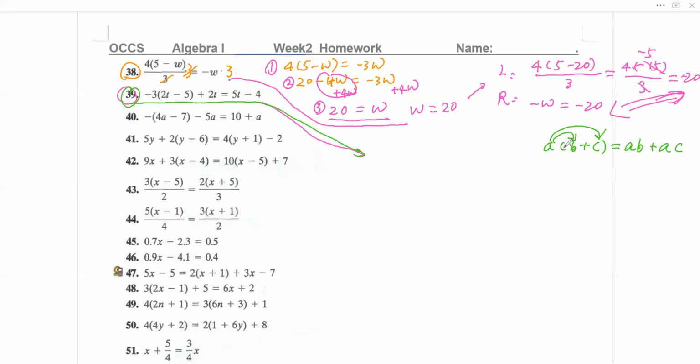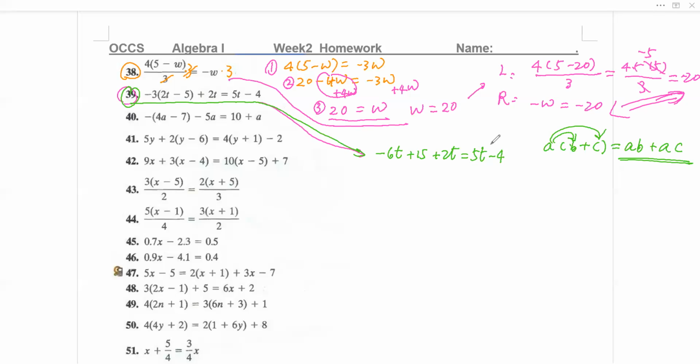Each of them needs to be multiplied by A. It's called the distributing method. All right. So firstly, distribute inside. So negative 6t, right? Plus 15 plus 2t equals 5t over 4.